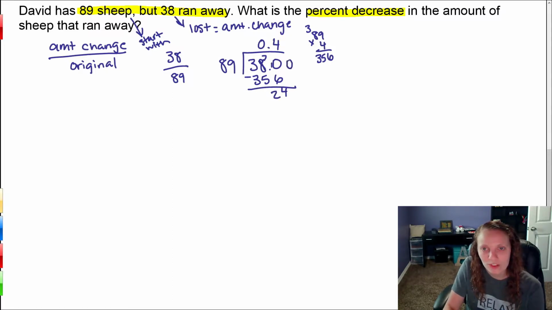We get 24 left over. Add a 0, bring it down. 89 goes into 240 2 times. We have 178, so we'll put a 2 on top and subtract the 178.